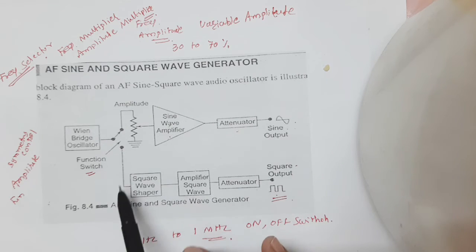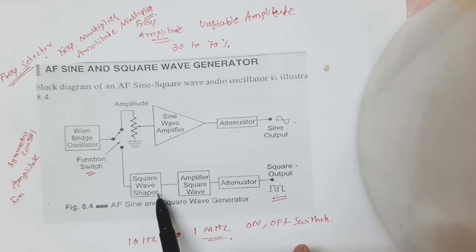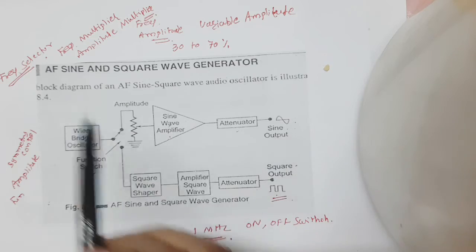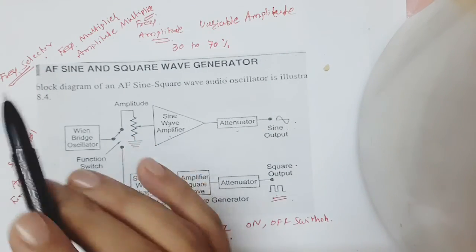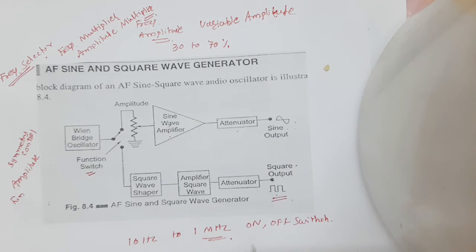Here the sine wave is converted into the form of a square wave, then given to the amplifier, amplification takes place, given to the attenuator, attenuation takes place, and we get the pure square wave. These are the different switches on the front panel of the instrument. This completes the AF sine and square wave generator.